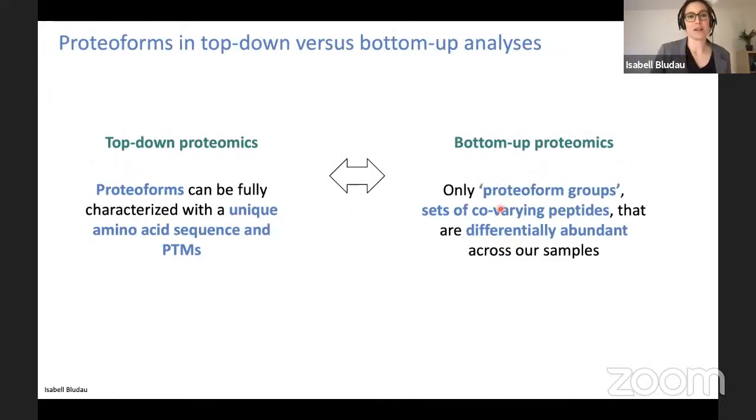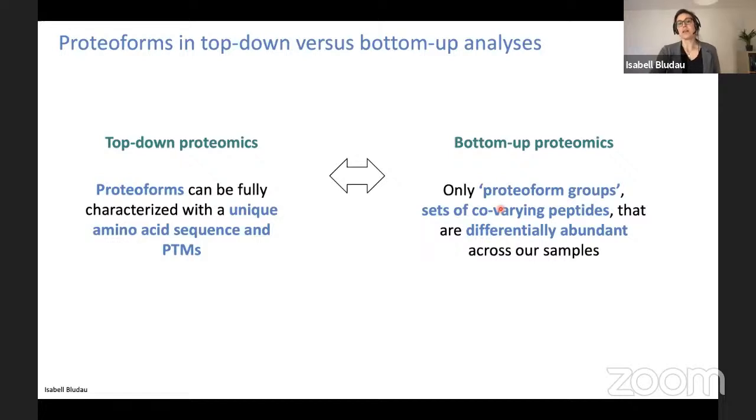With this, I'd like to do a very brief disclaimer, because there's a very distinct difference between proteoforms that can be detected in top-down proteomics, because in top-down, we can fully characterize a protein with unique amino acid sequence and localized PTMs. In bottom-up proteomics and the COPF approach that I'm presenting here, we can only look at proteoform groups, and these are sets of co-varying peptides in our data that are differentially abundant across our samples.